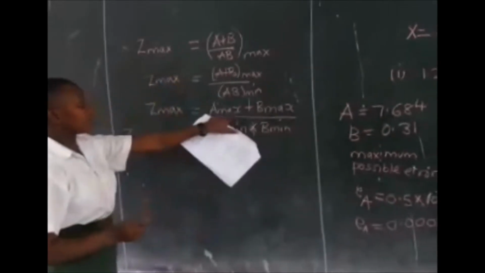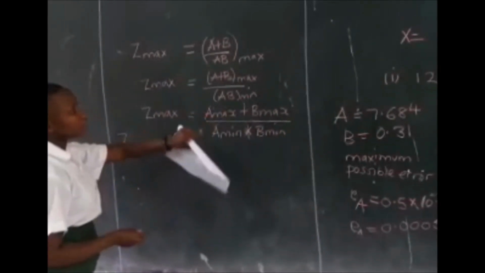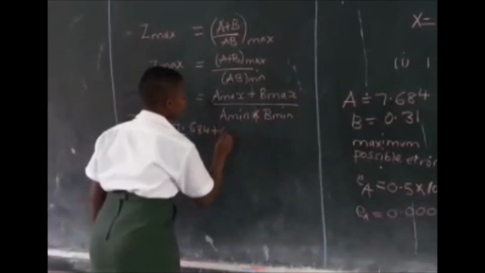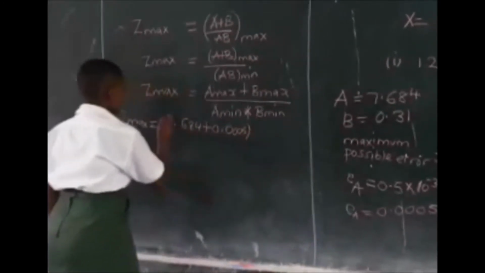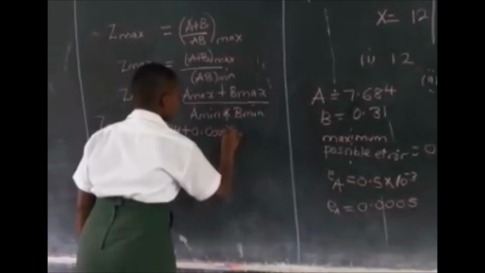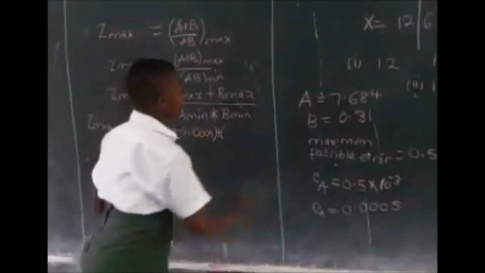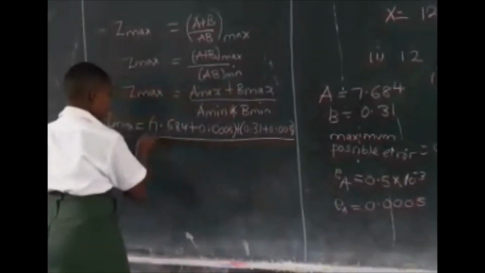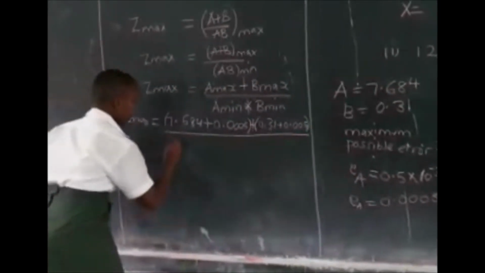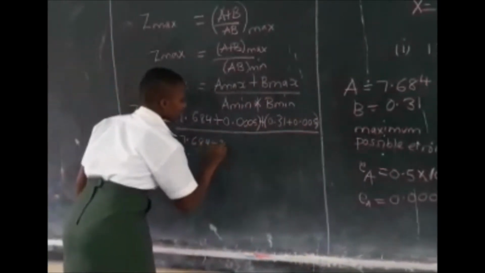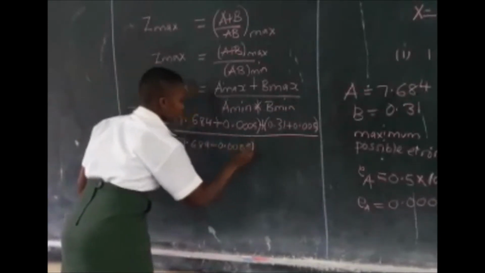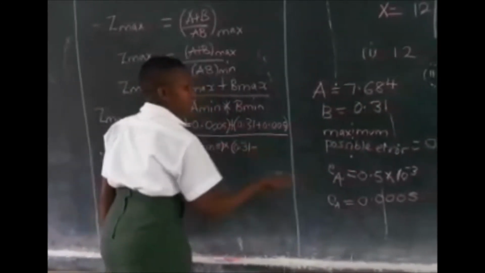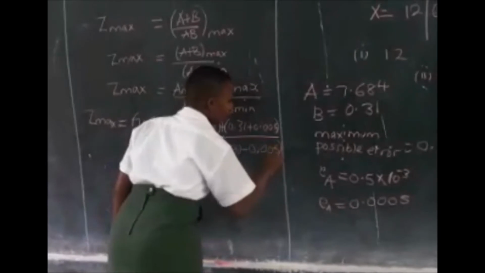So to find the A max, we are going to get the actual value of A plus the error in A, which will be 7.684 plus the error in A, which is 0.0005. Then B max, we shall get the actual value of B plus the error in B, which is 0.005, out of A min, which will be the actual value of A, subtract the error in A. Then multiply by B min, which will be the actual value of B, subtract the error in B, which will be 0.005.